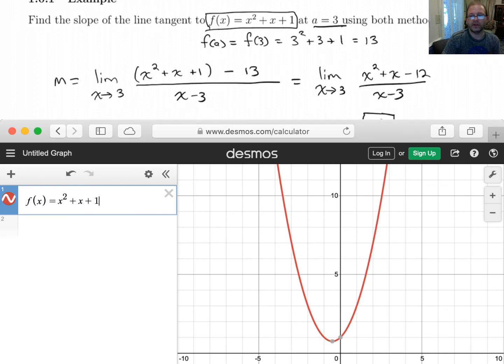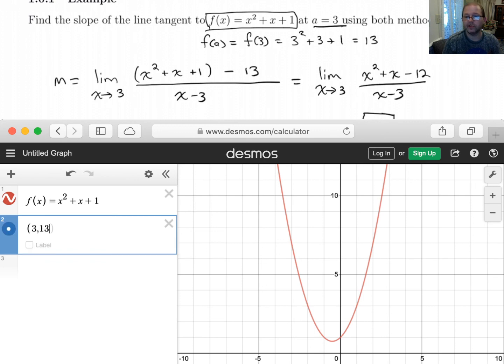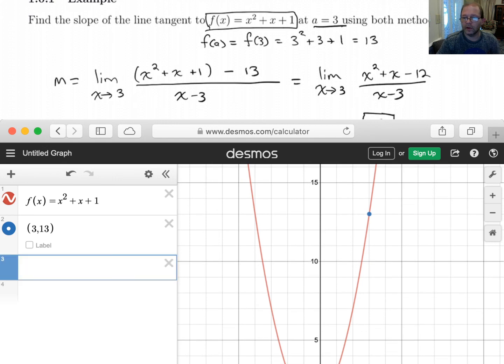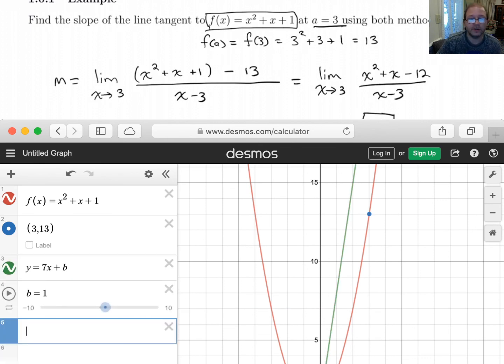Well, we saw that when a is 3, the y value that goes with it is 13. So let me pull this down so we can see it. And this is saying that the tangent line at that point is going to have a slope of 7. So if I put in y equals 7x plus b, that should give us our tangent line if we found the correct b.